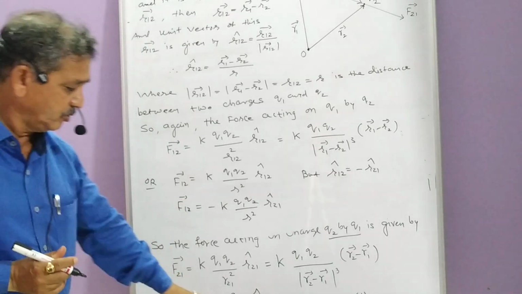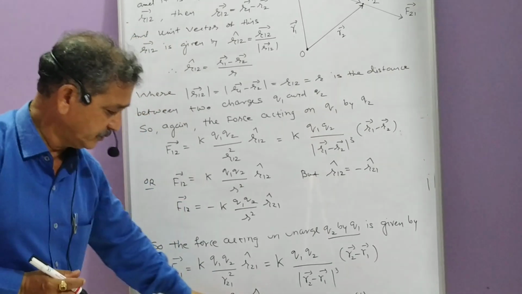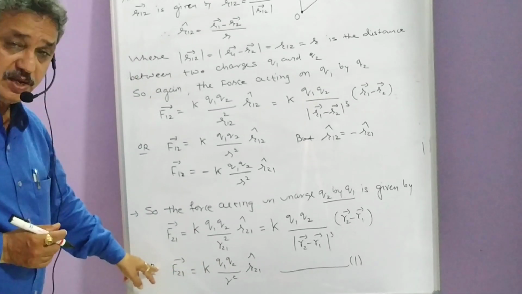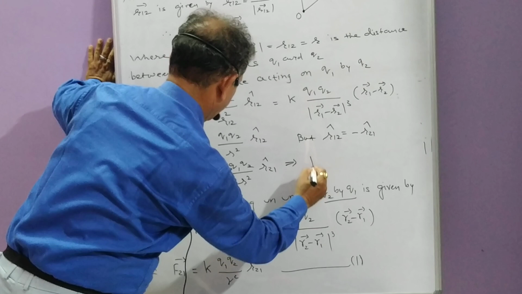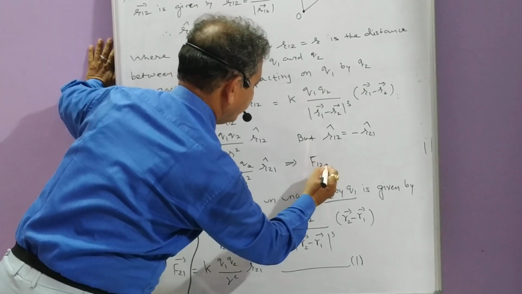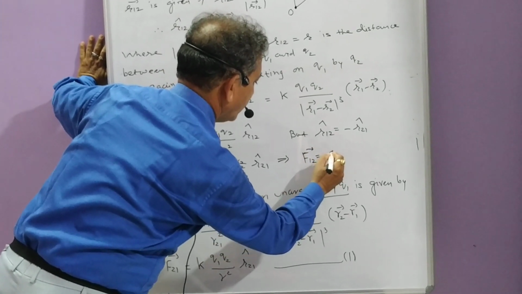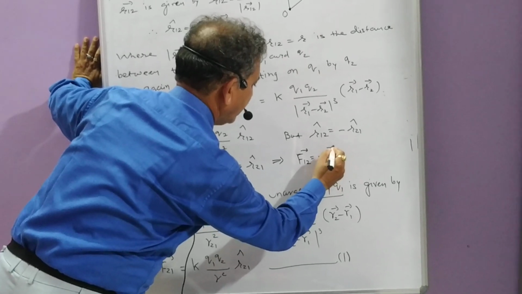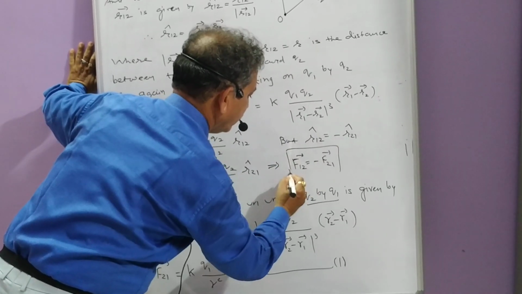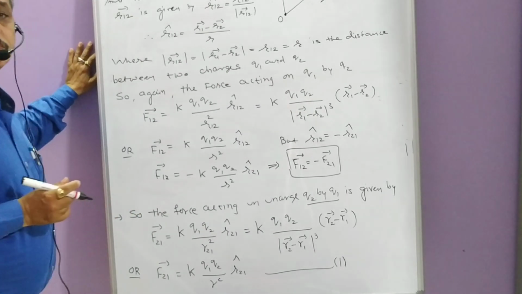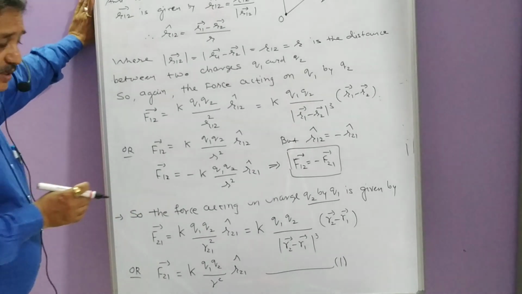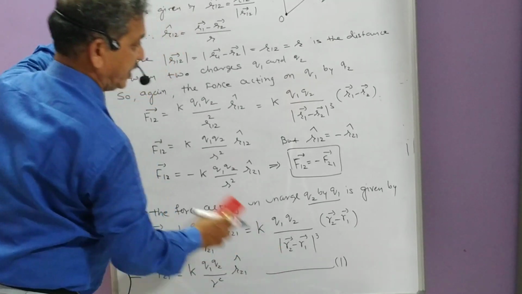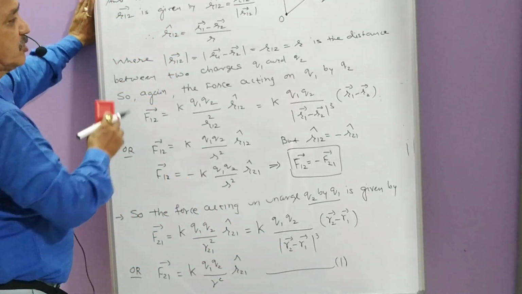But again, looking from equation 1, this one is replaced by f21. So this implies vector f12 is equal to minus vector f21. So this is about Coulomb's law in vector form. But now there are certain remarkable points. Which are those? So let us try to understand.